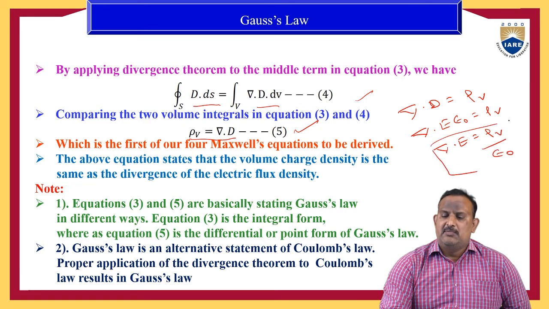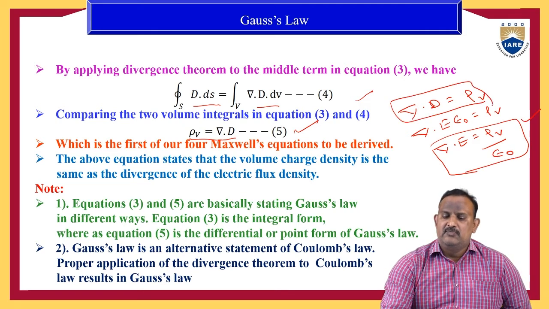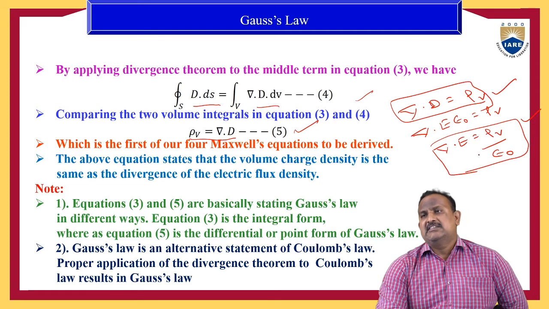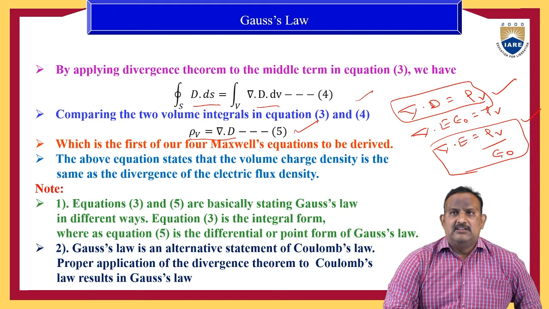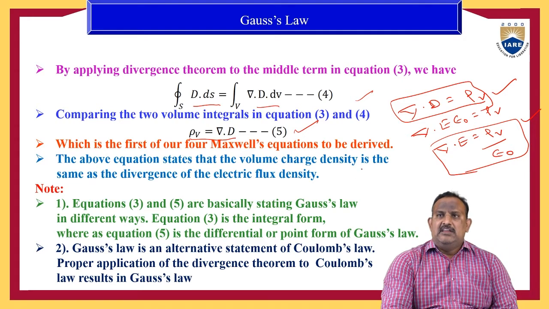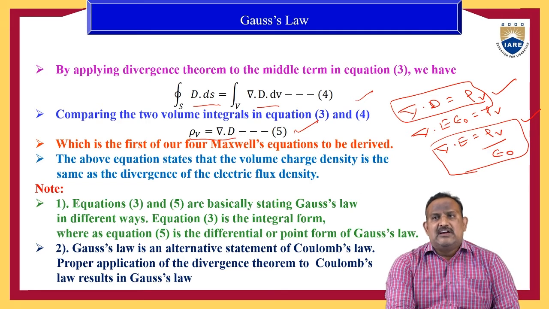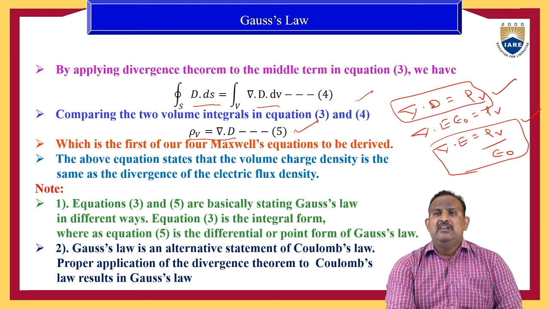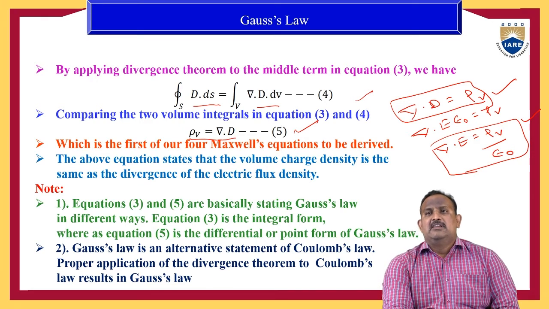So it is another form of Maxwell's first equation for electrostatics: del dot D is equal to rho v, or del dot E is equal to rho v by epsilon naught. The equation states that the volume charge density rho v is the same as the divergence of the electric flux density.